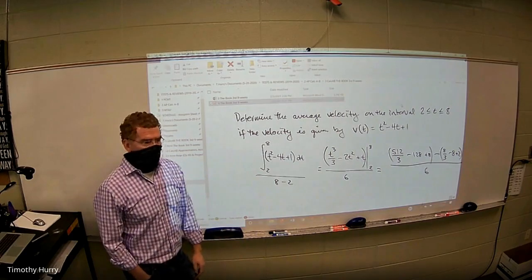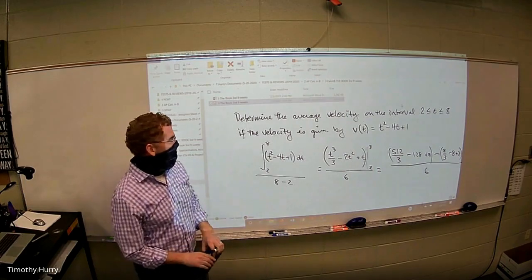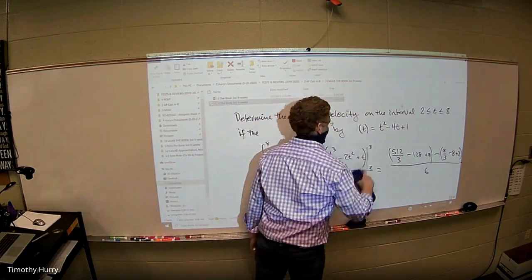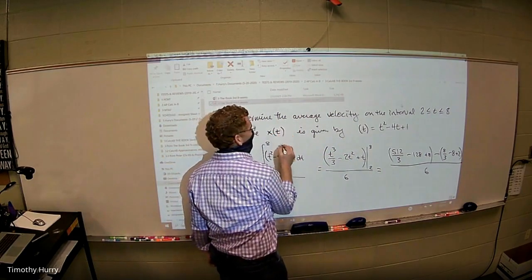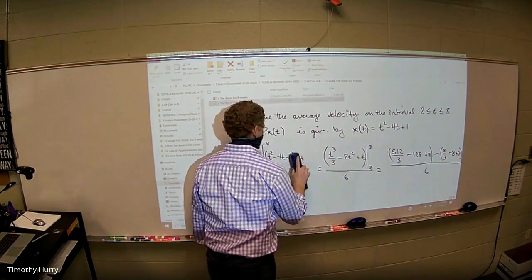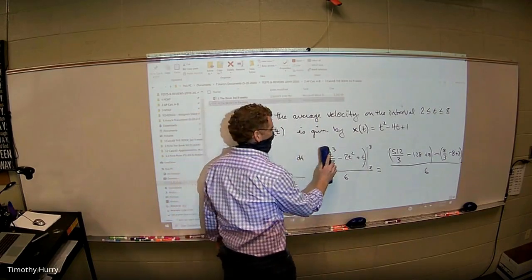All right, now I'm throwing you a curveball here. Determine the average velocity on the interval if the position is given by that. Now think, how do you find average velocity?